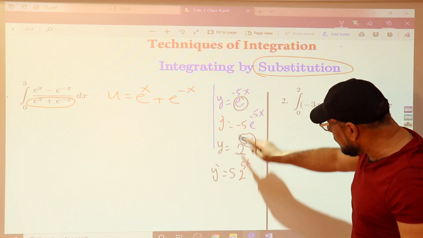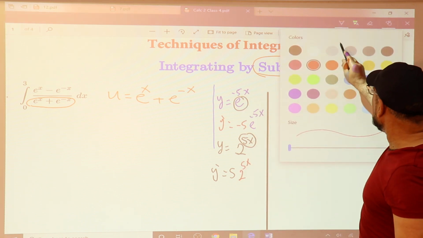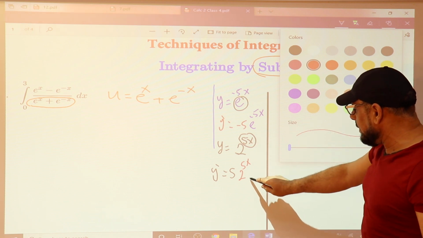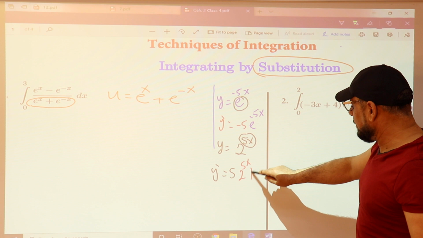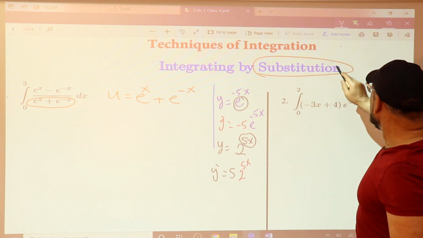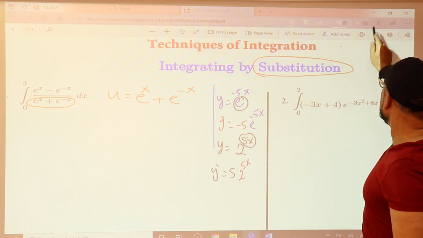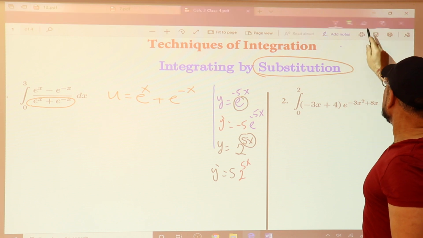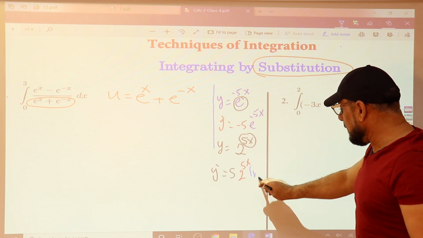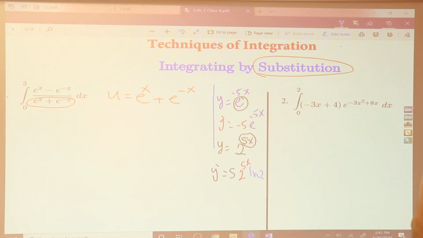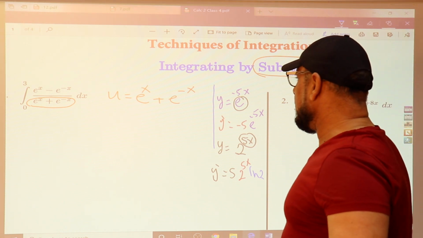Because the base is 2, not e, we multiply by ln 2.